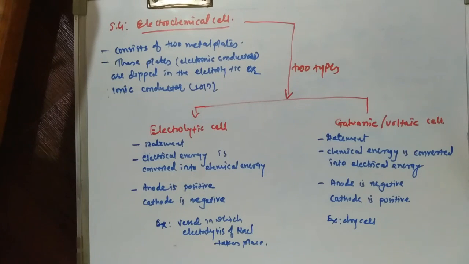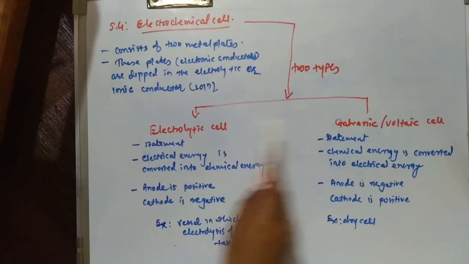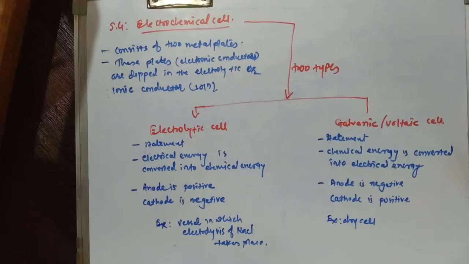We have seen two types of electrochemical cells, the electrolytic cell and the galvanic cell. In the next part we are going to see in detail the anode and cathode of the electrolytic cell and of the galvanic cell, at which electrode oxidation takes place and at which electrode reduction takes place. In detail we will see in the next part.